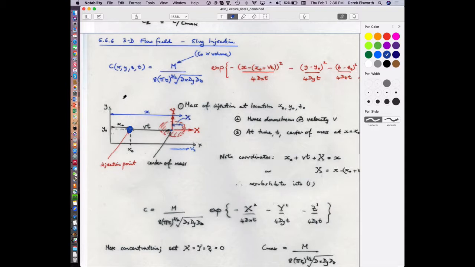So instead of being at this location and looking like this, at this location it will look like this instead of this.